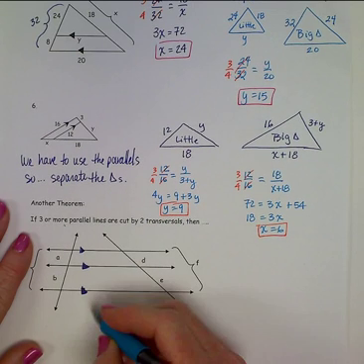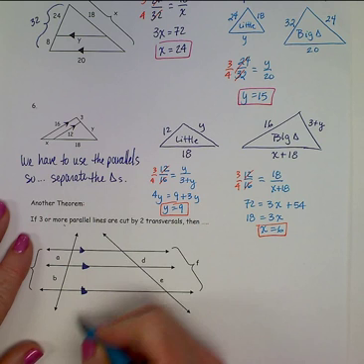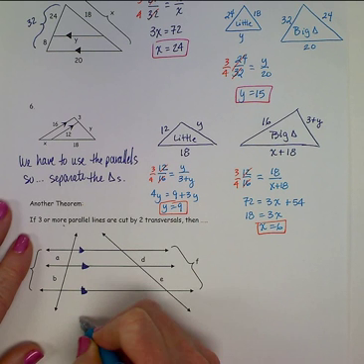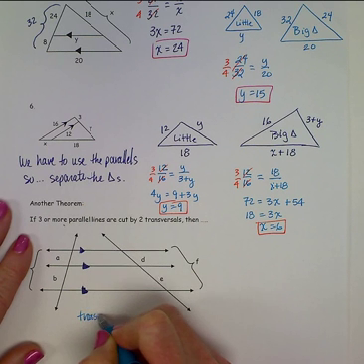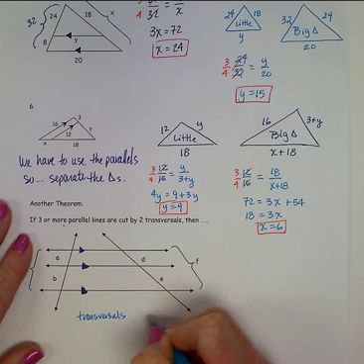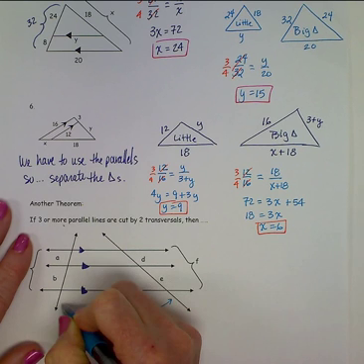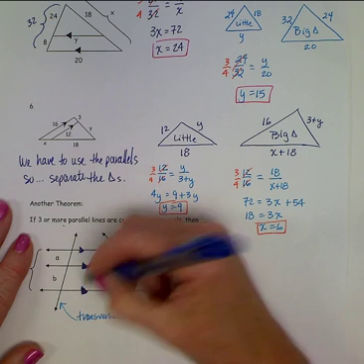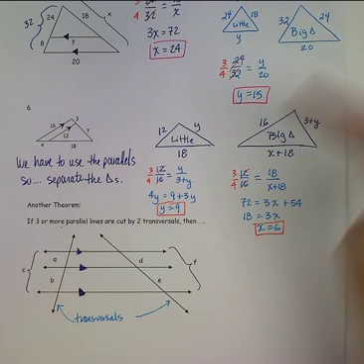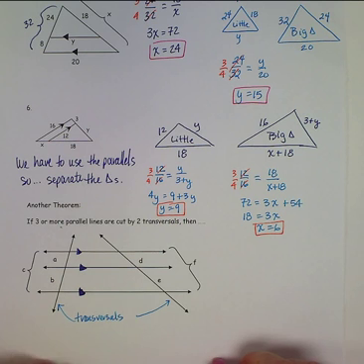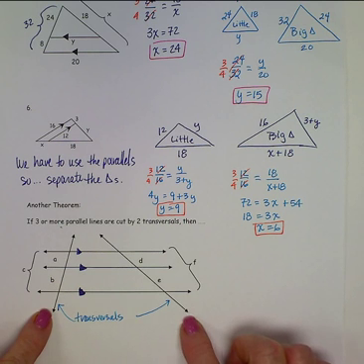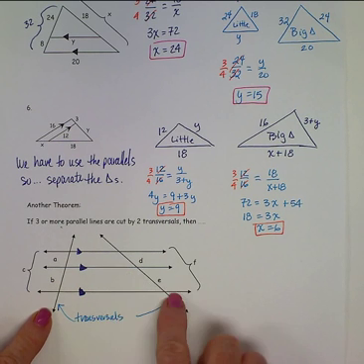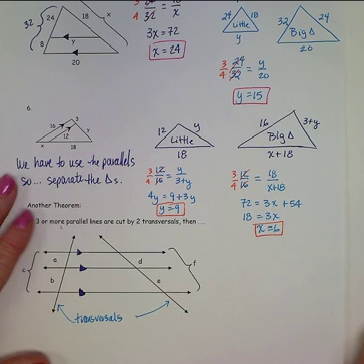Here's the transversals. So if we have the 3 parallels or more cut by 2 transversals, then these parallel lines divide the transversals proportionally.